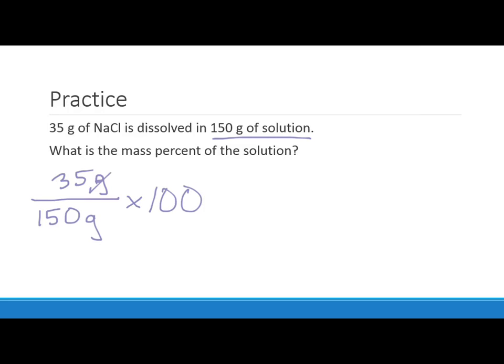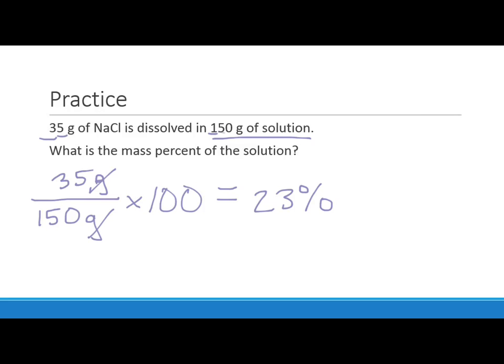Notice that my units cancel out, so there are no units besides just mass percent. And 35 divided by 150 times 100. I have 2 sig figs because I have 2 and 3 digits, so I can have 2 sig figs at the end of the day. So this is 23% by mass.